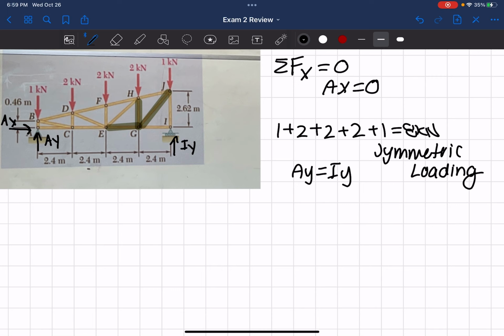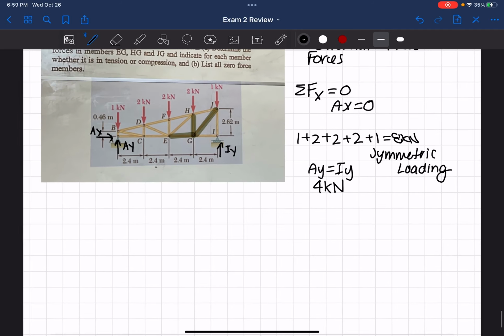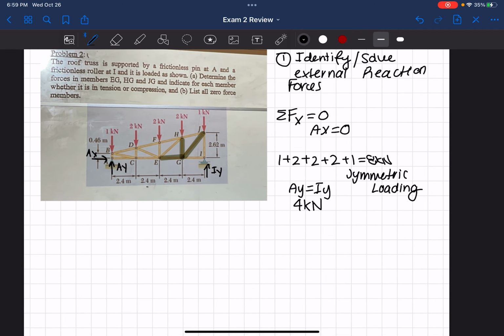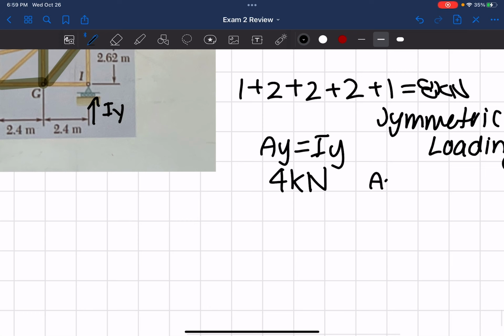Because of that, AY and IY are each going to equal 4 kilonewtons, because they have to balance out this loading, and there's 2 of them, so 4 on this side and 4 on this side. So AY is equal to 4 kilonewtons and IY is equal to 4 kilonewtons.